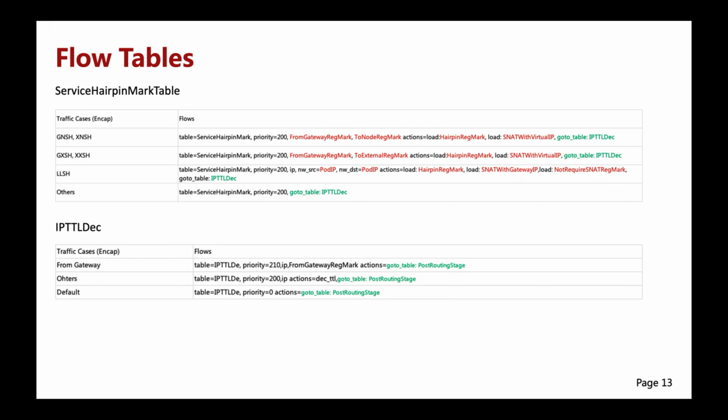First, the source may be from an external client or a Kubernetes node, and the destination endpoint is on the current node, just the host network endpoint or an external endpoint. We call this external hairpin case.